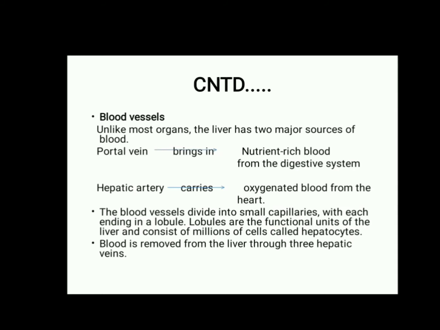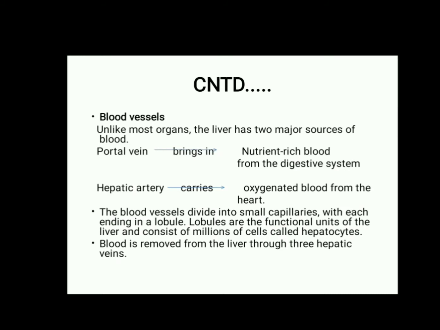Talking about blood vessels, unlike most organs, the liver has two major sources of blood. First one is the portal vein that brings in nutrient-rich blood from the digestive system. Second one is the hepatic artery that carries oxygenated blood from the heart.